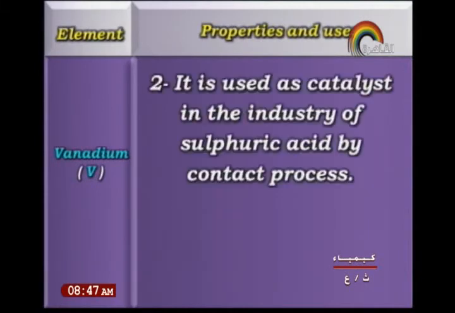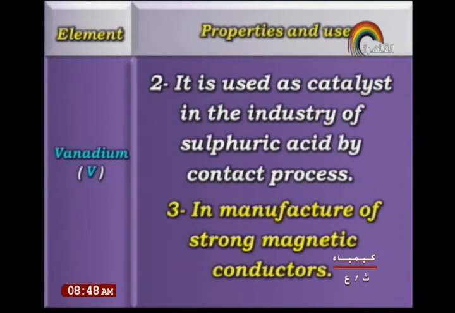The second use for vanadium pentoxide is as a catalyst in the industry of sulfuric acid by the contact process or contact method. The third use for vanadium pentoxide is in the manufacture of a strong magnetic conductor.